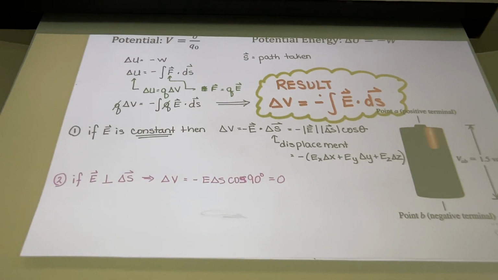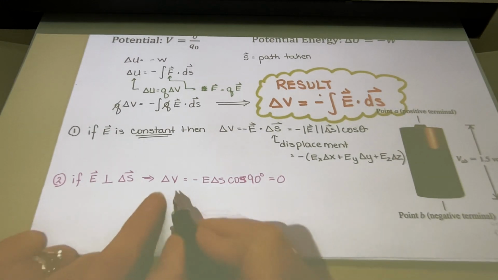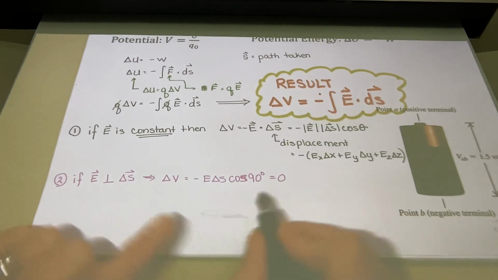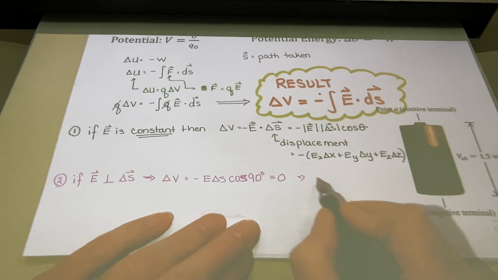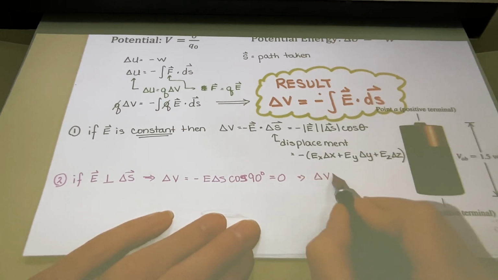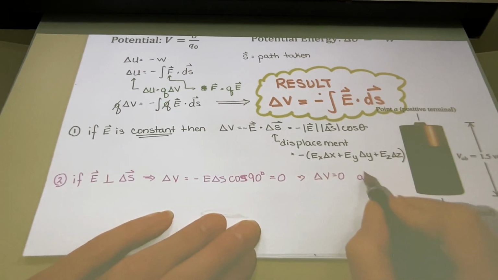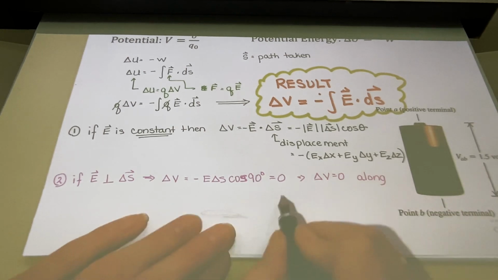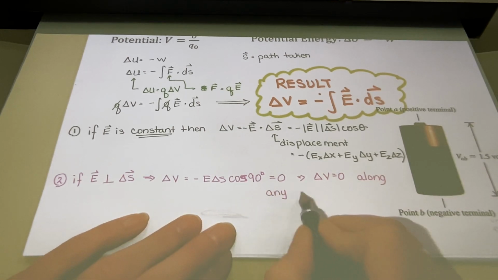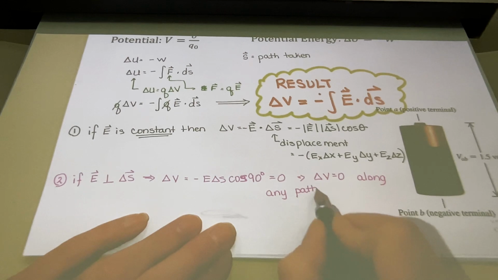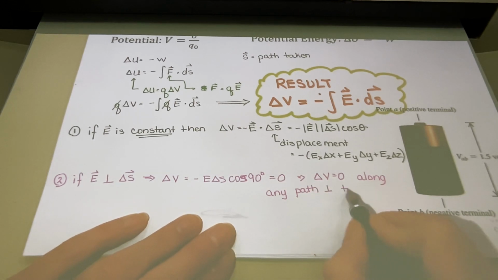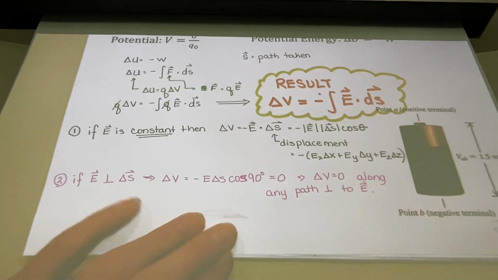This is a good result. It's sort of interesting. Notice that this says delta V is equal to 0 along any path perpendicular to the electric field.